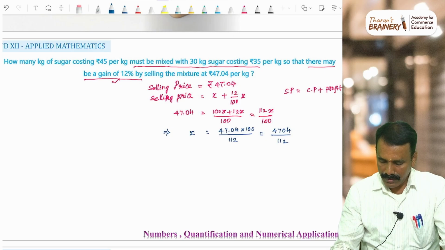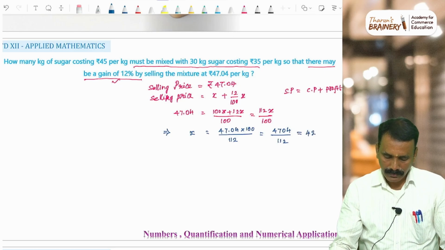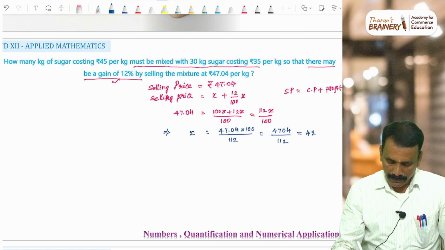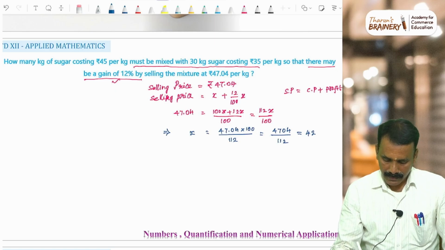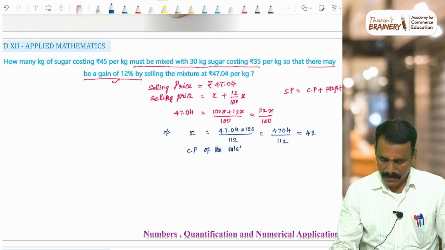So the answer is going to be 42. So we have the cost price of the mixture as rupees 42.